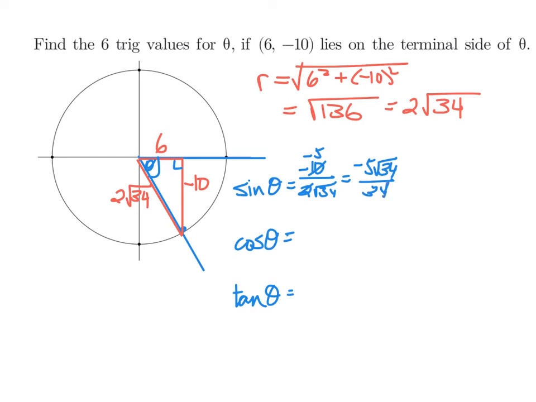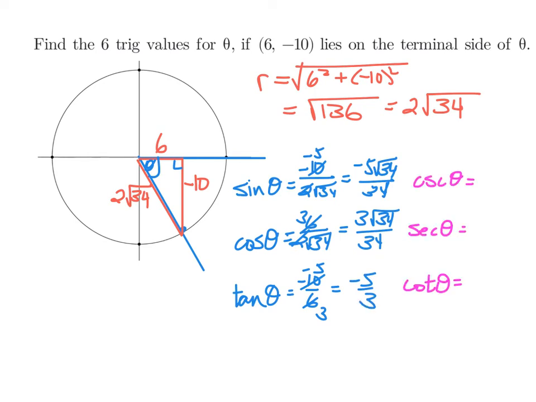For cosine, that's going to be adjacent over that hypotenuse. Some similar canceling, that leaves us with 3, so we'll have 3 root 34 over 34. And then for tangent, it's opposite over adjacent. 2 goes into both of them, negative 5 and 3. So we have negative 5/3.